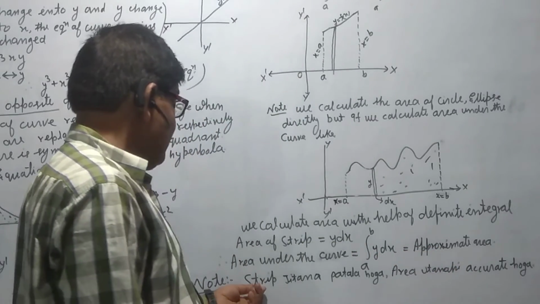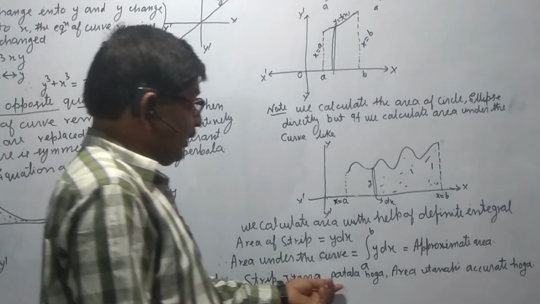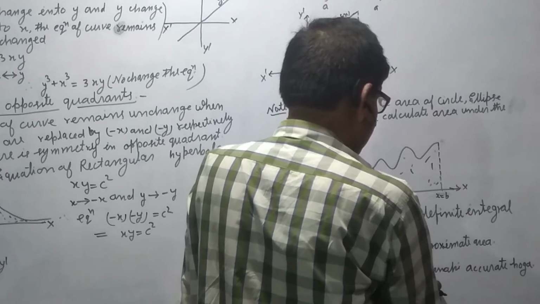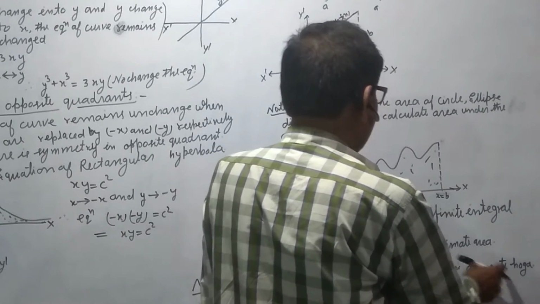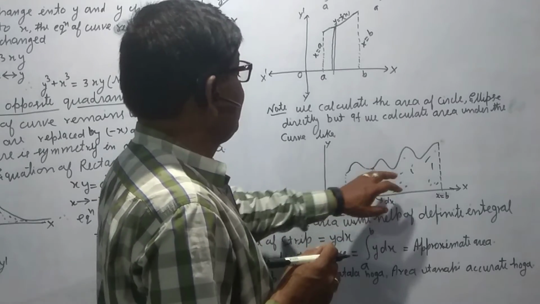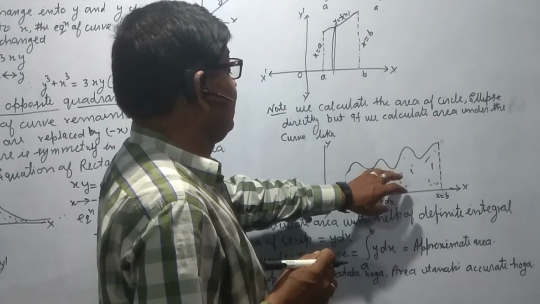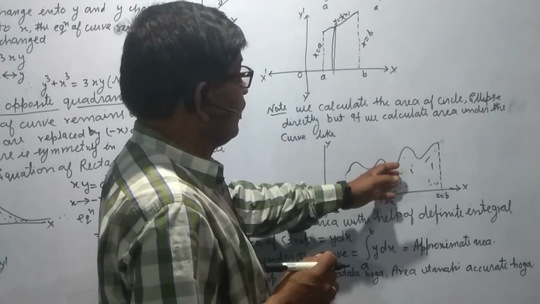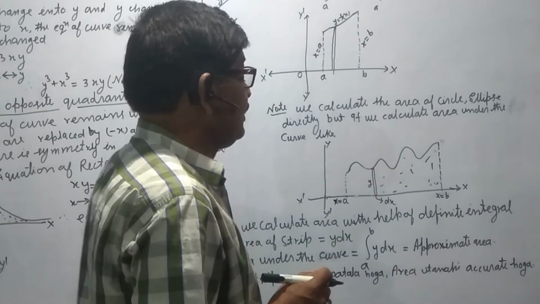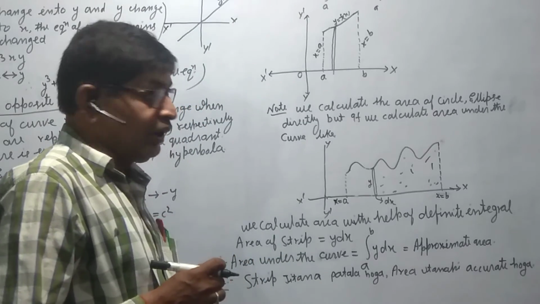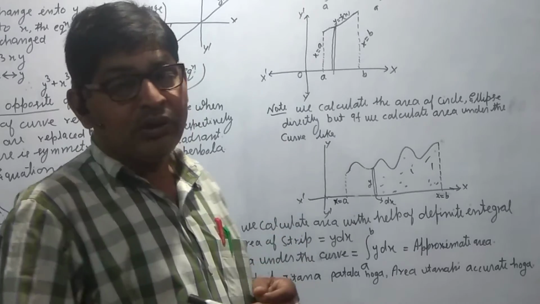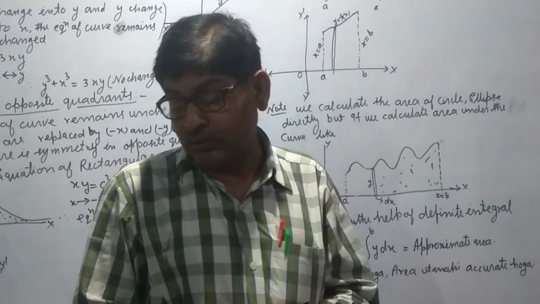But the strip जितना पतला होगा उतना ही एरिया एक्यूरेट आएगा. यानी पतला से पतला हम स्ट्रिप लेंगे तो एरिया हमारा और एक्यूरेट आएगा. और such type of curve, the area under it is calculated with the help of a definite integral. Now we take some examples and apply this process to calculate the area here.